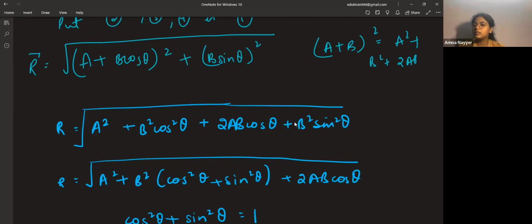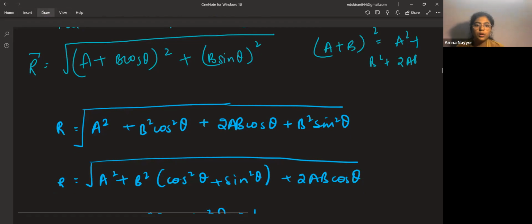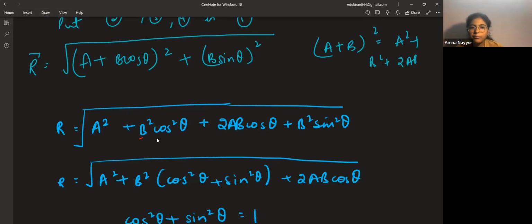B sine theta square becomes B square sine square theta. Now to solve this further, I am looking, B square is here also, B square is here also. Let me take B square common. If I take B square common, I'll be left with cos square theta from here and sine square theta from here, right?